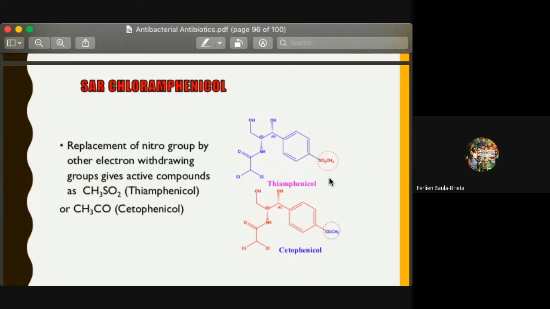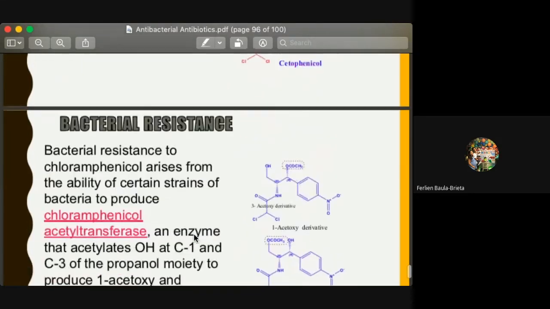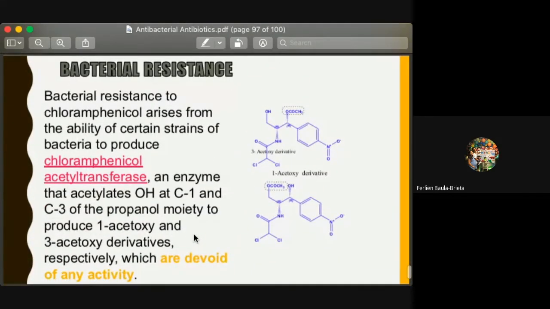You can replace nitro compounds with EWG, such as CH3SO2 and CH3CO in the case of thiamphenicol and cetophenicol. Now, our bacteria also develop resistance against chloramphenicol.